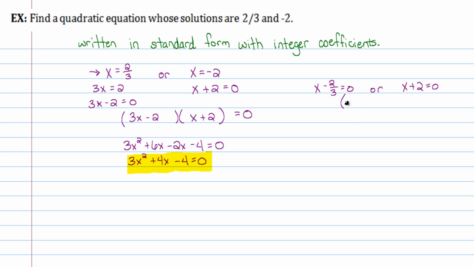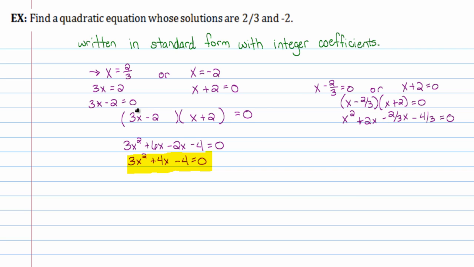If one of these is 0, then x minus 2/3 times x plus 2 would have to be 0. But if you multiply this out, you're not going to get integer coefficients. You're actually going to get rational coefficients: x squared plus 2x minus 2/3 x minus 4/3 is equal to 0. These are not integer coefficients.